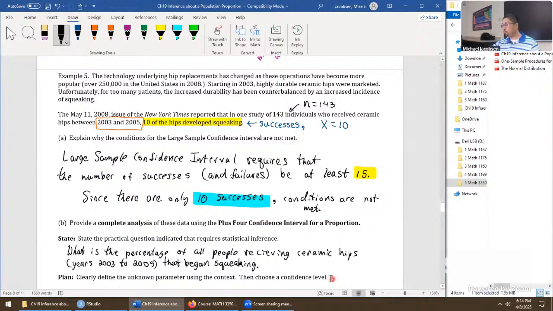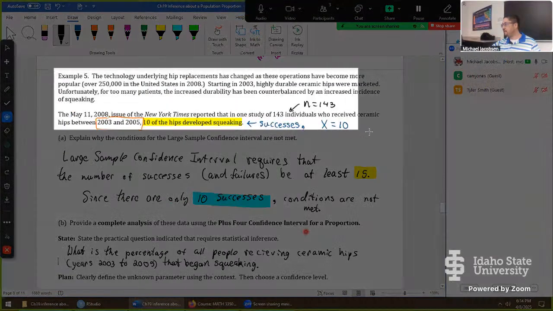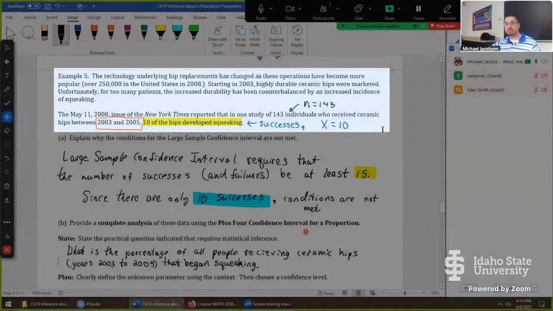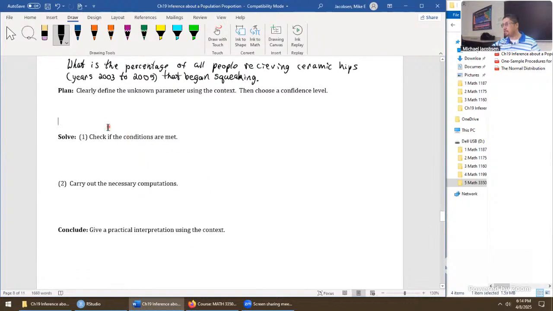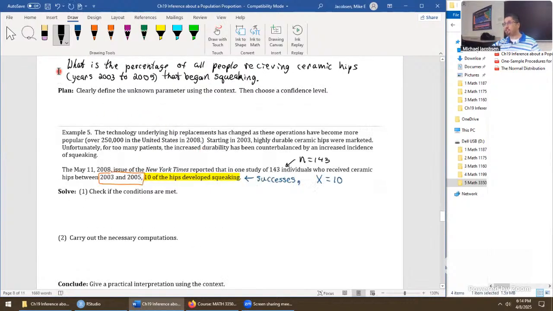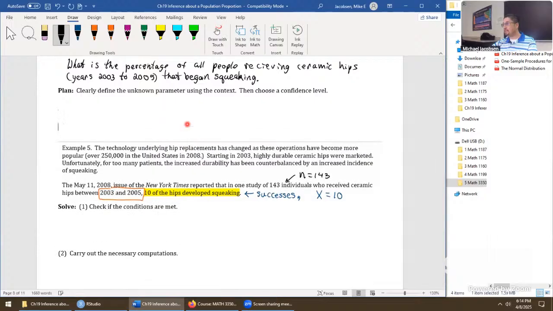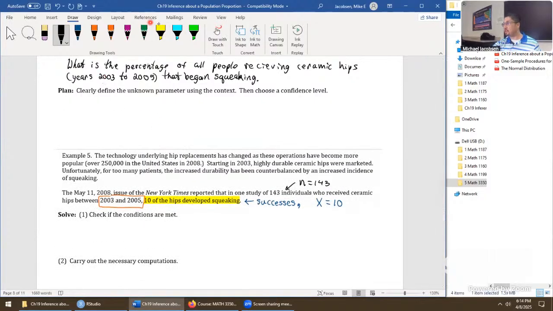To get there, we now need a parameter and a chosen level of confidence. So let's come up on the top here. Let's walk this down as we go so we're not scrolling constantly. We have our practical question down below. Now we need the unknown parameter. Because this data is categorical, and we said, what is the percentage of?